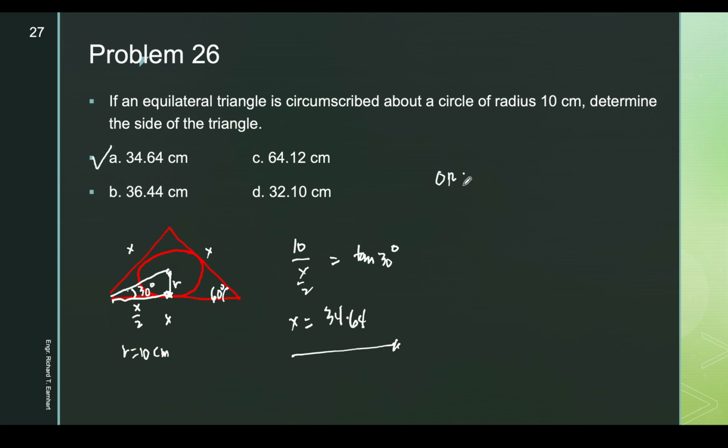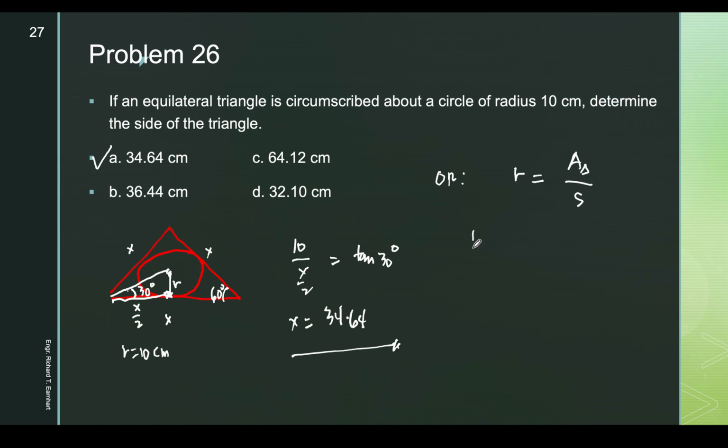Or you can use the relationship between the inscribed circle and the circumscribing triangle. Using the relationship that the radius of the circle is equal to the area of the triangle divided by the semi-perimeter of the triangle.